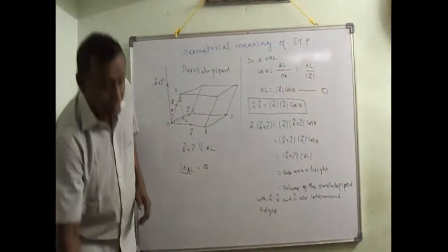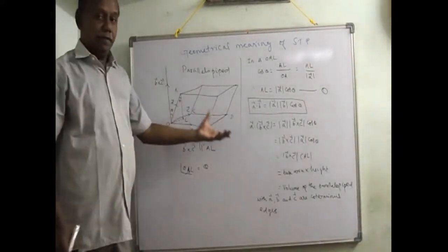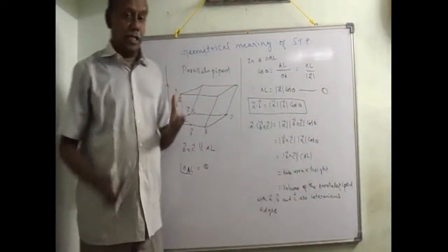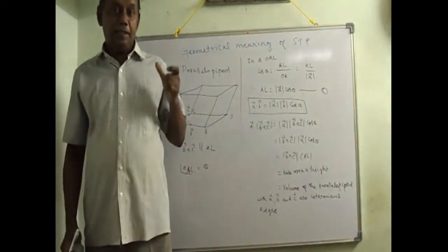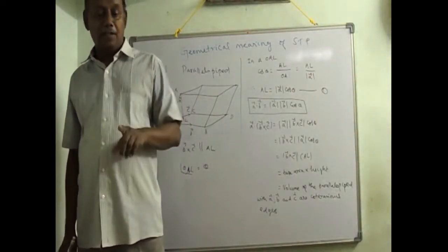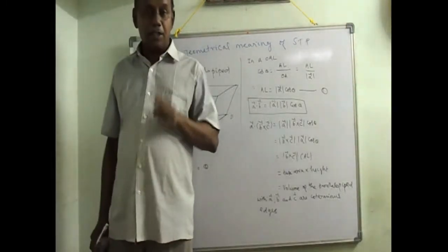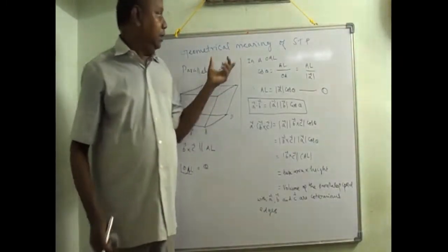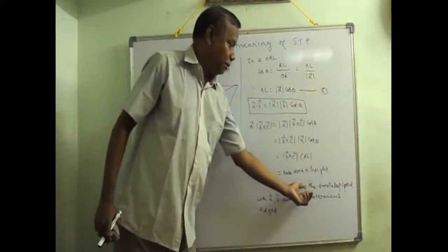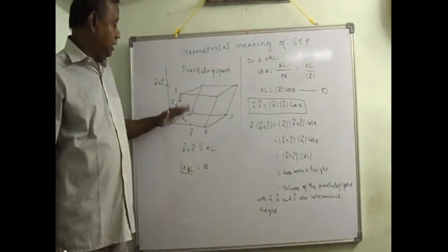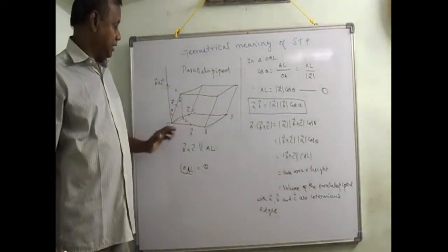Now we can rearrange. First understand that the scalar triple product is a scalar product of three vectors, where A vector dot of B cross C vector or A vector cross B vector dot C vector. Geometrically, the scalar triple product is the volume of the parallelepiped with three vectors as its coterminous edges.